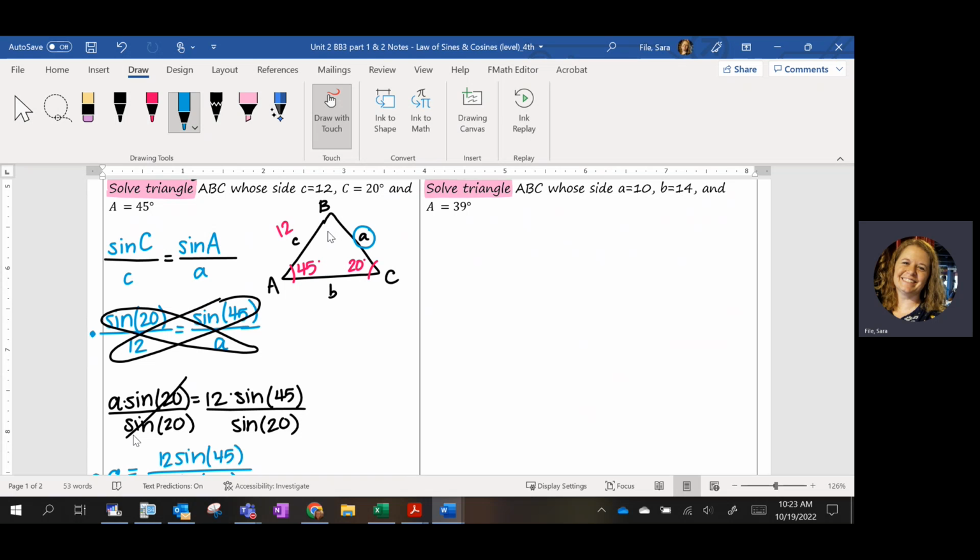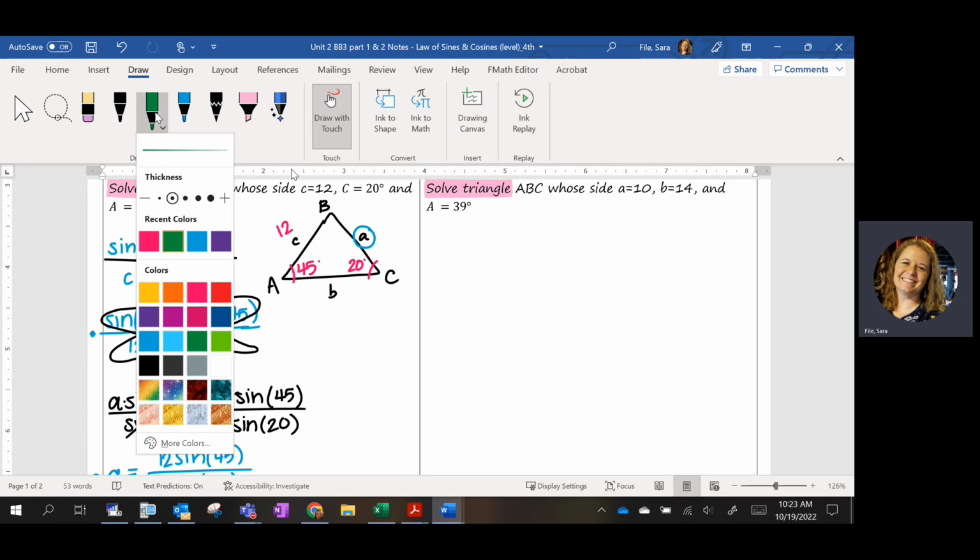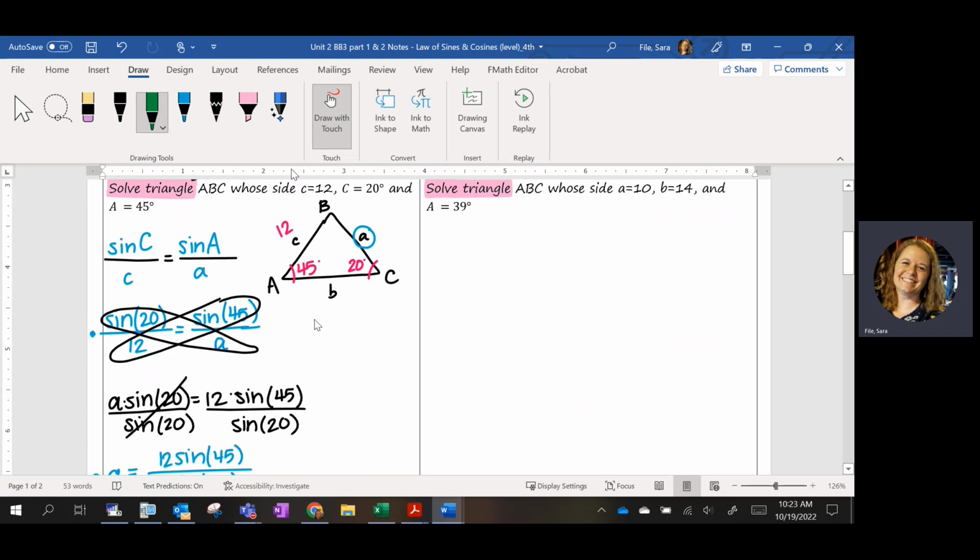You don't have to use law of sines or anything fancy to find the third angle. You're just adding and subtracting, right? So I'm going to go ahead and do that. I'm just going to use the triangle sum theorem, which says the three angles of a triangle add up to 180, to find my missing angle.